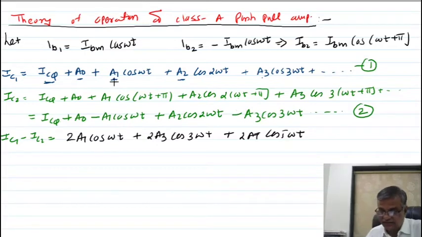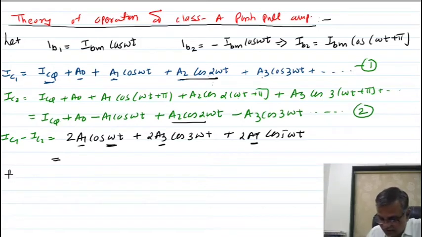You can see here this term is cancelled, 1 minus 2, this term is cancelled. So the second order harmonic is cancelled. So I can say the output voltage has how much harmonic? Fundamental frequency, third harmonic, fifth harmonic. So you can say the even harmonic distortion is cancelled.